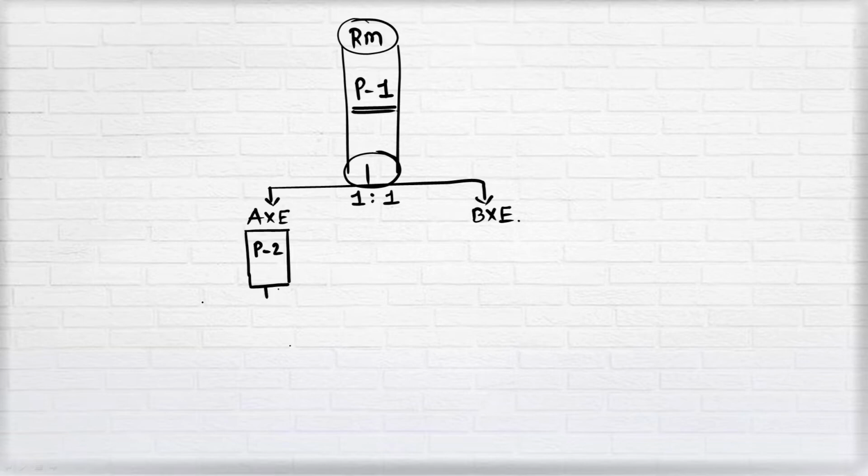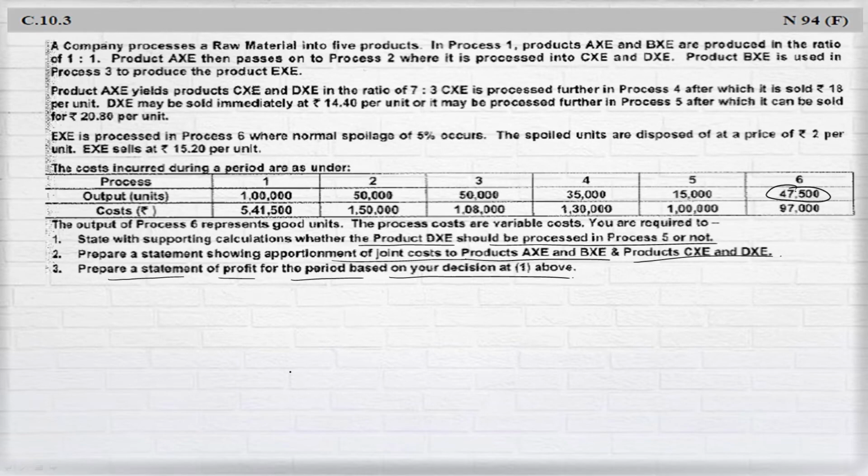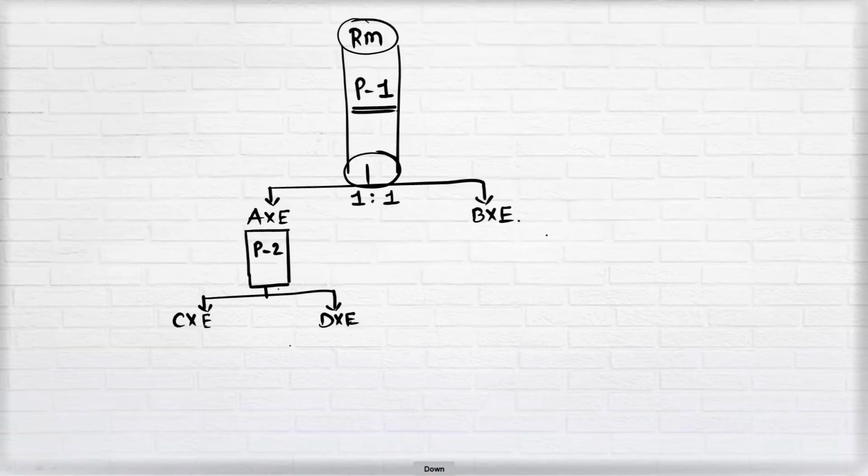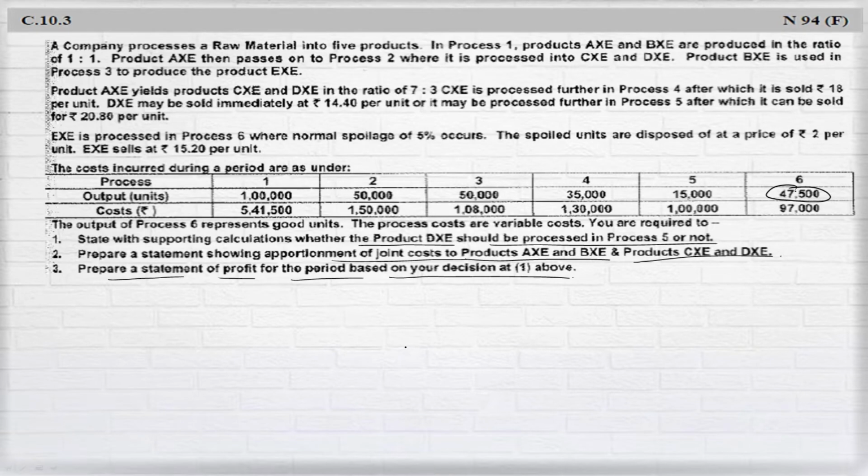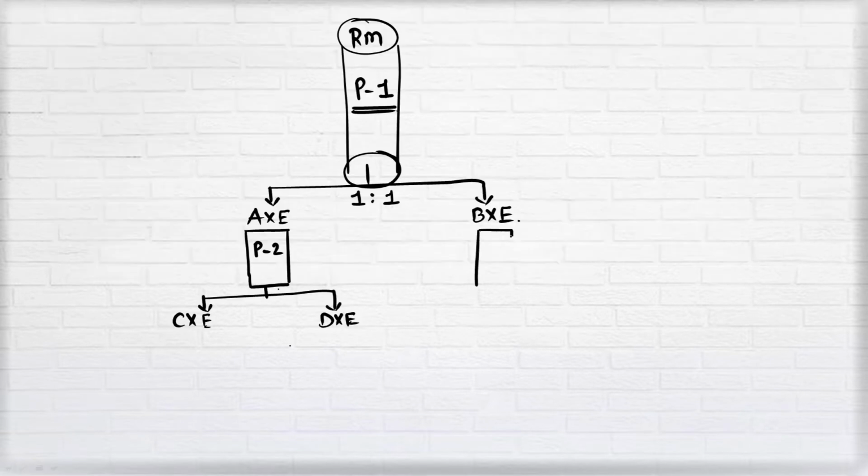Product BXC is used in process 3 to produce EXC. Product BXC over here is used in process 3. So this will be process 3, to produce EXC.